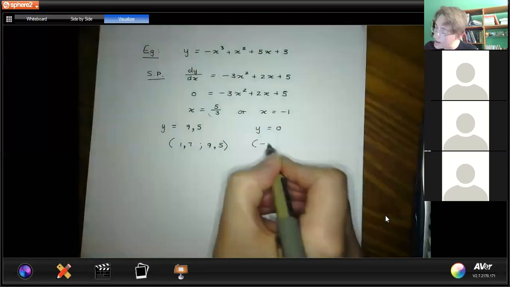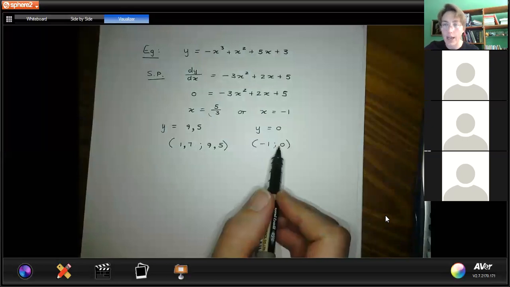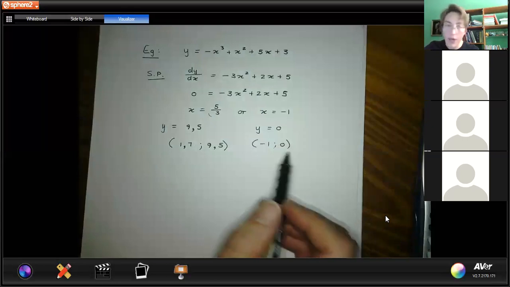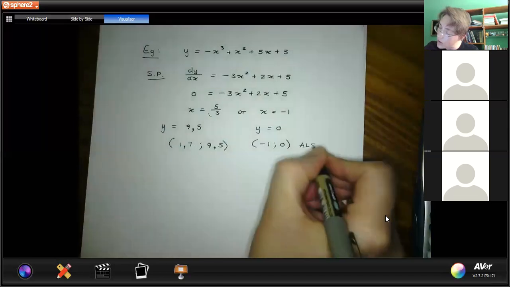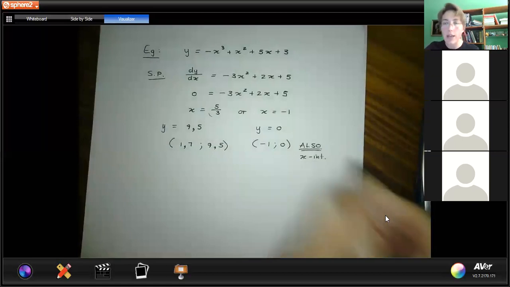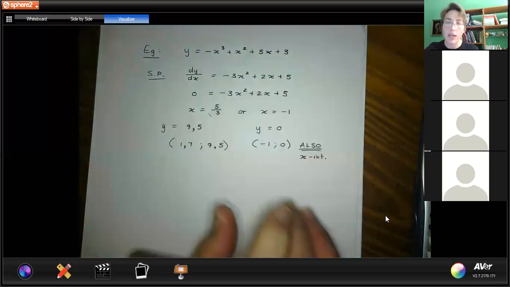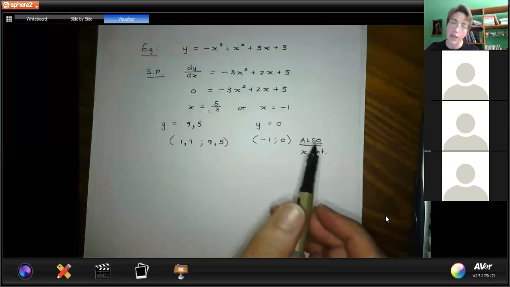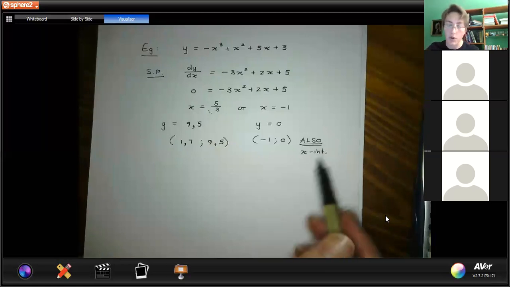Now, this is quite nice sometimes. If you find a stationary point that is also on the x-axis, then you know not only is this a stationary point, it's also an x-intercept. So when you start finding the x-intercepts, you can check that the values you got here correlate with the values you got for x-intercepts.